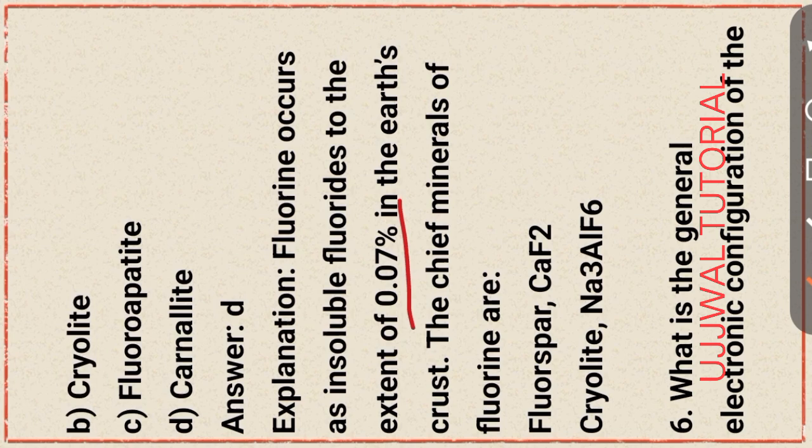The chief minerals of fluorine are fluorspar, formula CaF2, and cryolite, formula Na3AlF6.